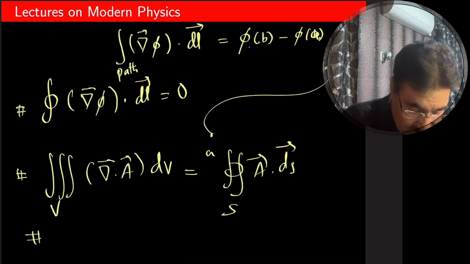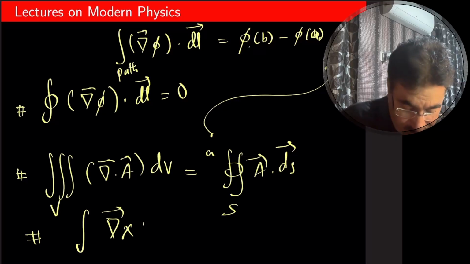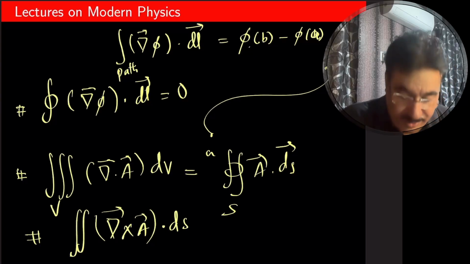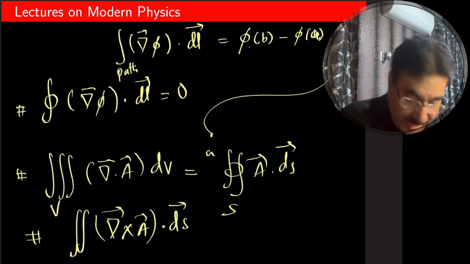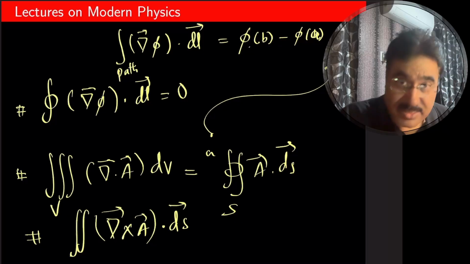And the third one is that I take the curl of the vector field and take the product with small surface elements, then integrate over the entire surface.